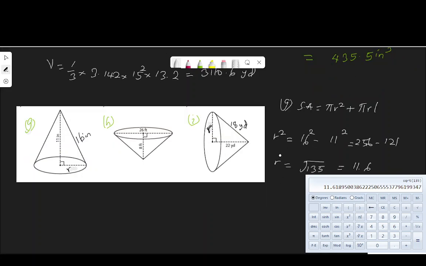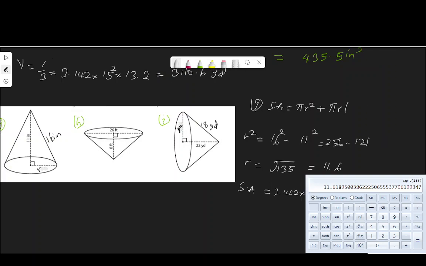With that, you can calculate the surface area, which is pi r squared, 3.142 times the radius, which is 11.6 squared, then plus pi r l, 3.142 times the radius 11.6 times the slant height, which is 16.